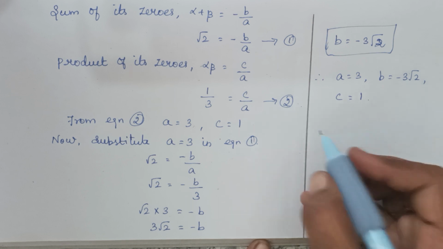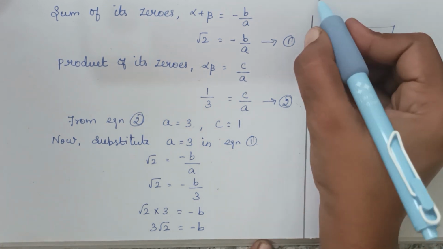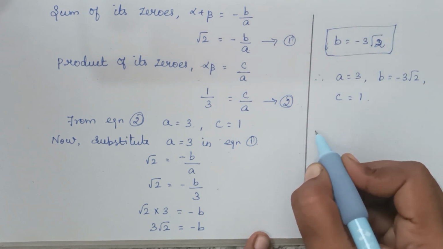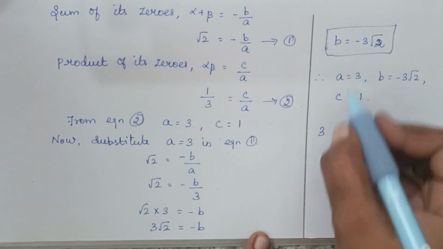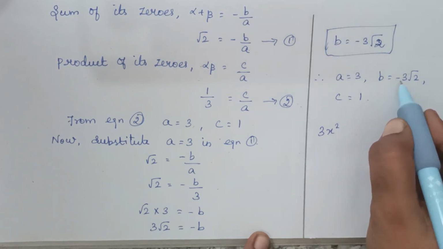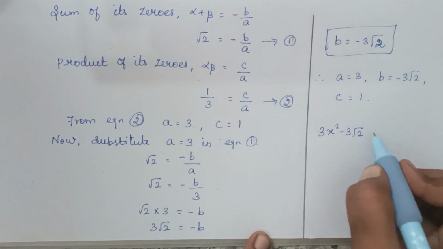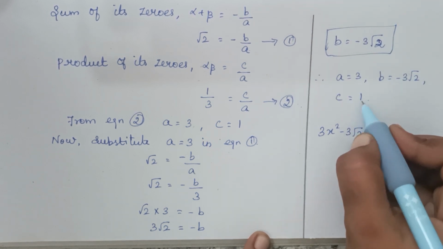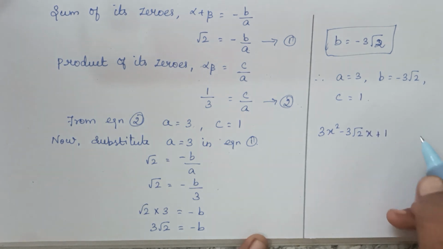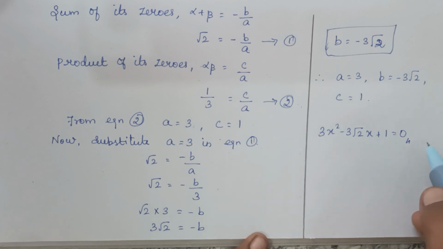Hence the required polynomial equation is 3x square, so instead of a we can write 3, plus bx, so we have minus 3 root 2 as b value, x plus c is a constant term, that is 1. Don't need to mention x equal to 0. So therefore 3x square minus 3 root 2 into x plus 1 equal to 0. So it is the required polynomial equation.